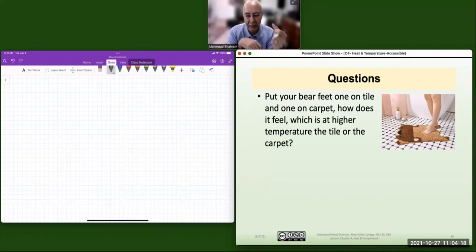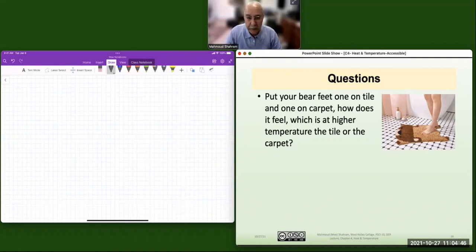No. They are both at room temperature. If you have a thermometer, you measure the temperature of the carpet and measure the temperature of the tile, they both read the same number. But why is it that your foot on the tile feels colder and your foot on the carpet feels warmer? Because of the conductivity.